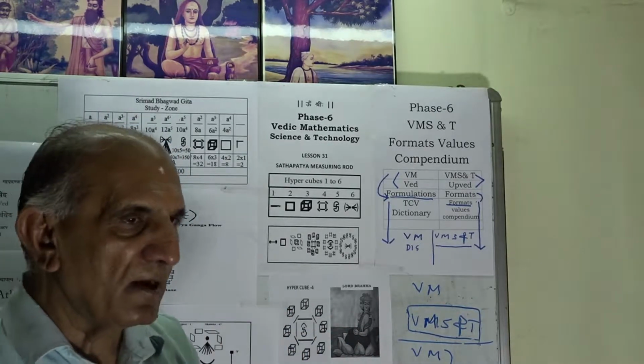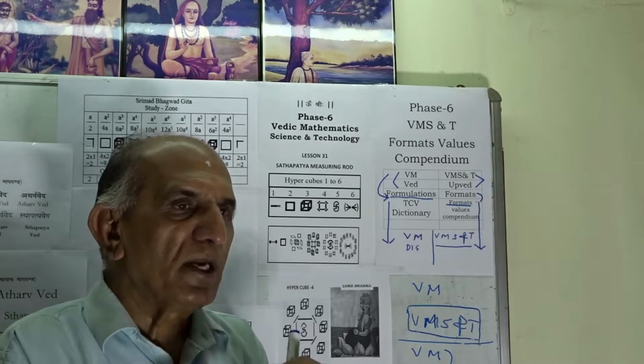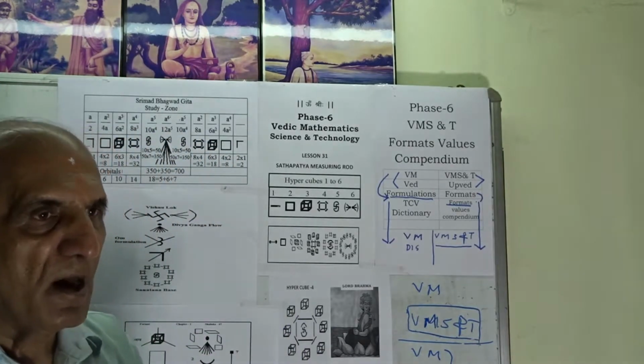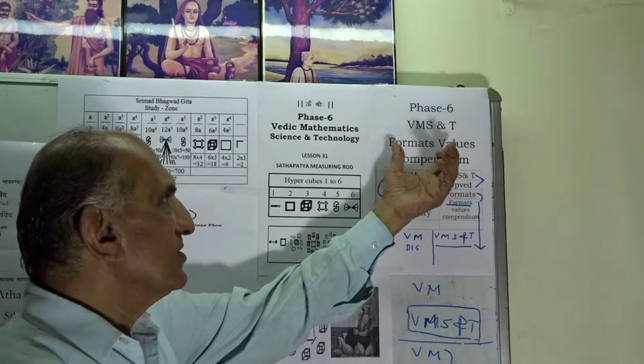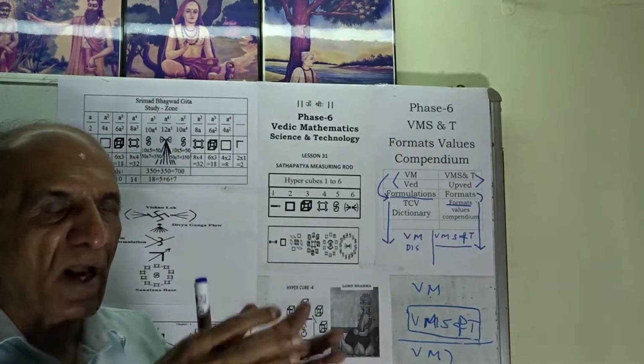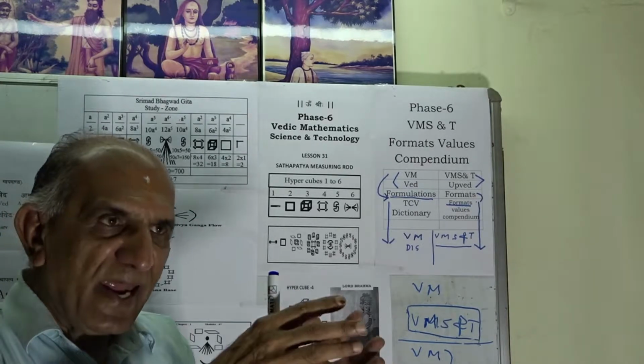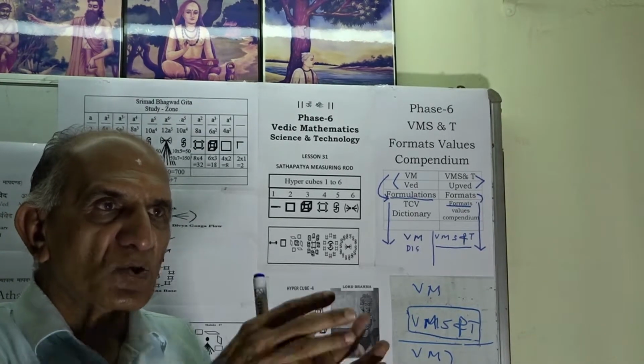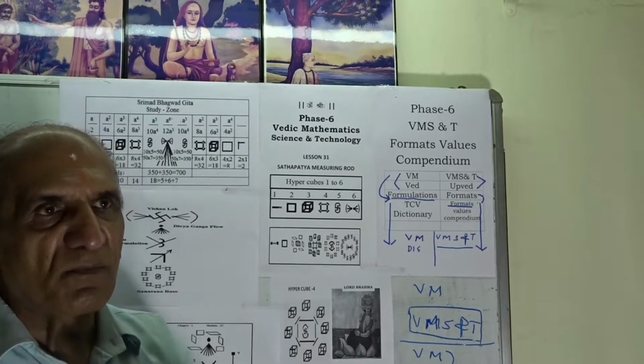Here in this compendium, it will be our source scripture of the Vedic mathematics, science and technology, which will give us an insight and enlightenment about the formats and the values of the formats.